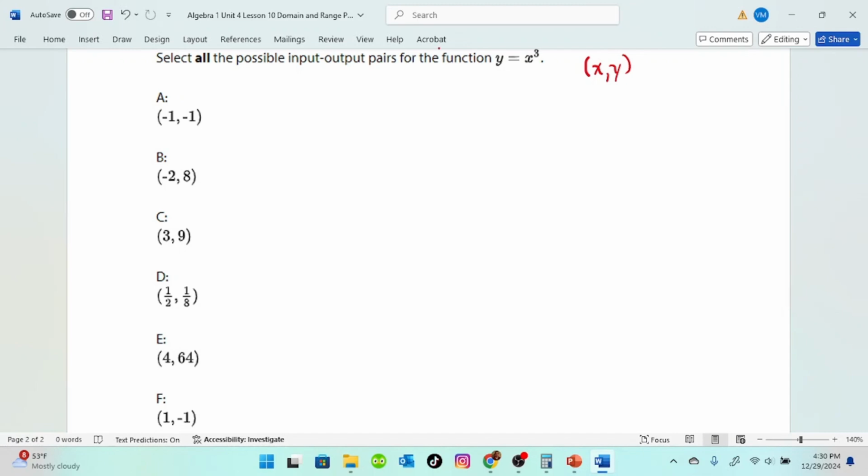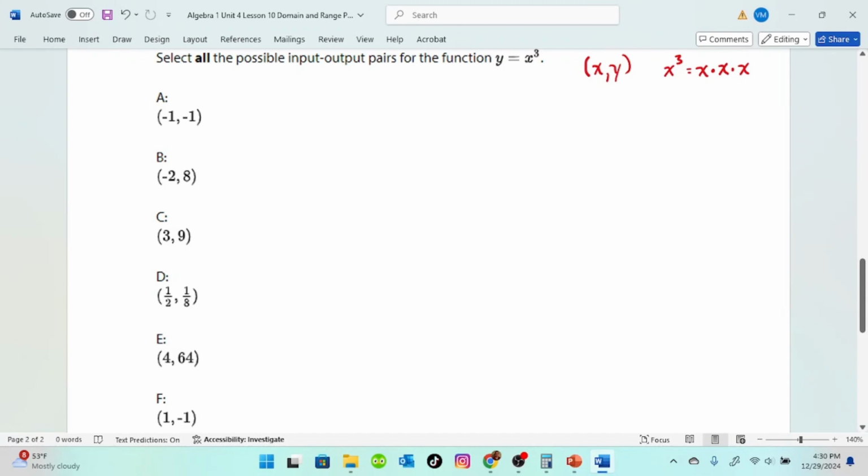Also, remember that x cubed equals x times x times x. So now, in order for one of these point pairs to be true, we need to be able to take the first number, multiply it by itself 3 times, and get the second number.